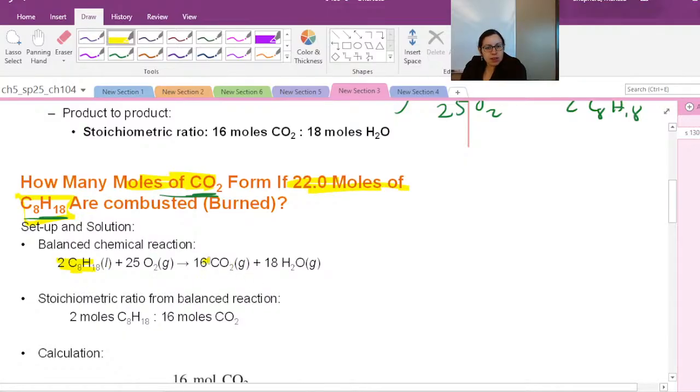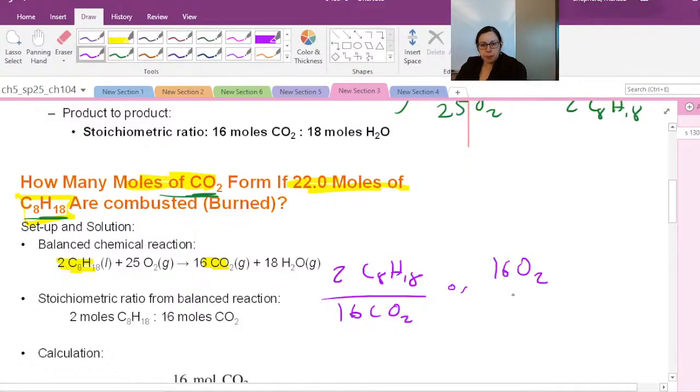There's octane, there's CO2, and then they set up their ratio. I always like looking at it as a fraction, since we're going to use it in fraction form, either in this manner or with 16 CO2 on top.